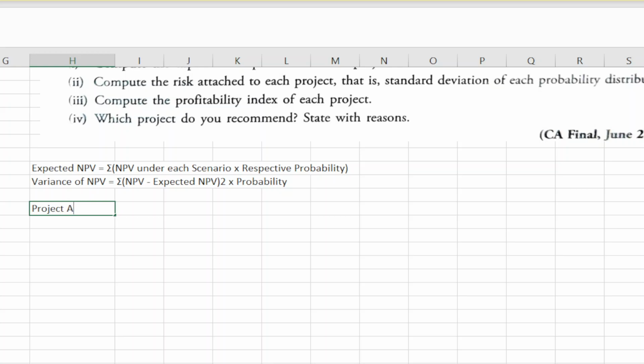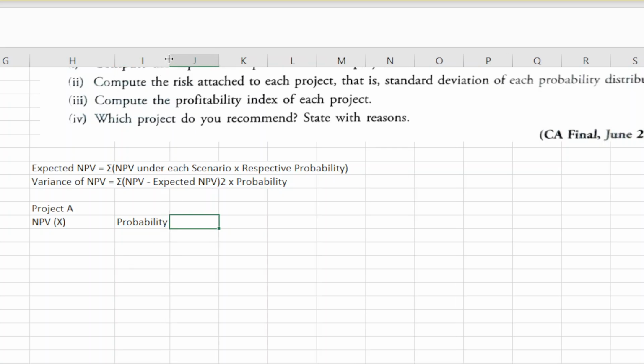Project A. These are the headings which are required. NPV for project A, and we call it X. Okay, NPV, then probability, next column.